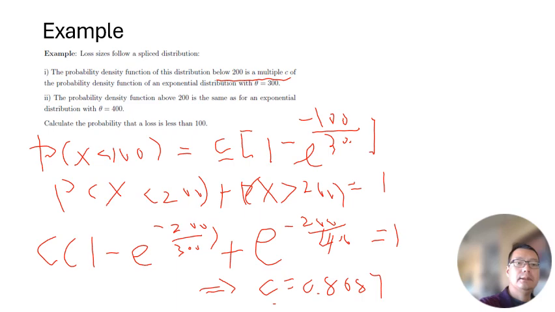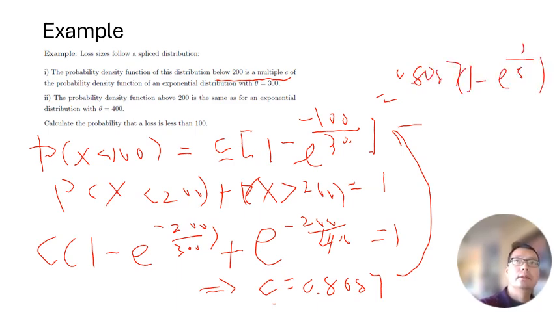Then with this C, we can calculate this: 0.0807 times the exponential probability gives 0.229. So here we just utilize the property that the total probability should equal 1 to derive C. With that, we are able to calculate the probability.